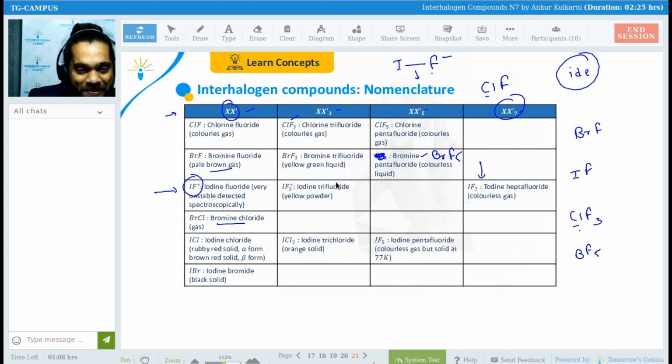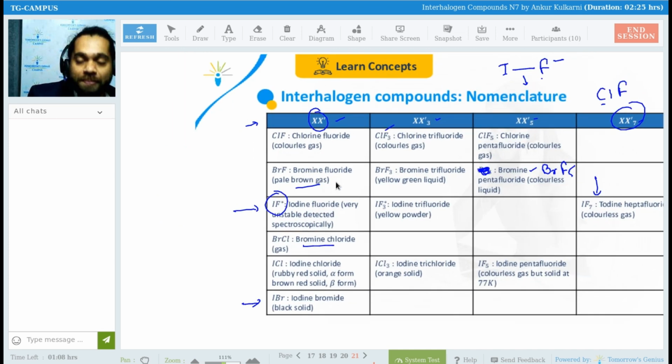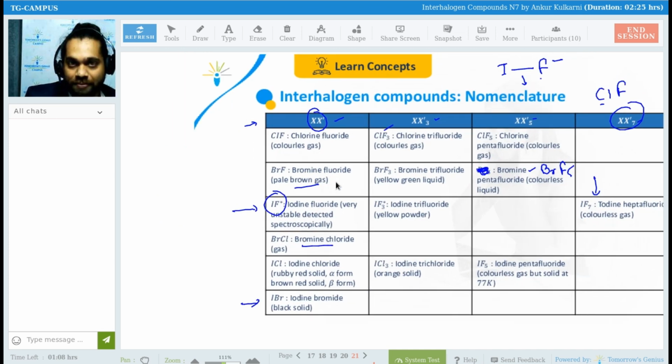Also, bromine trifluoride is a liquid, and bromine pentafluoride is a liquid. Bromine generally is a liquid nonmetal. So why are bromine fluoride and bromine chloride gases, whereas iodine bromide is a black solid?